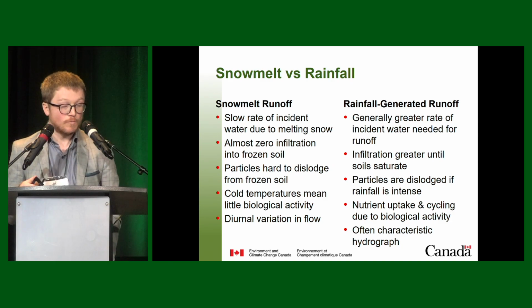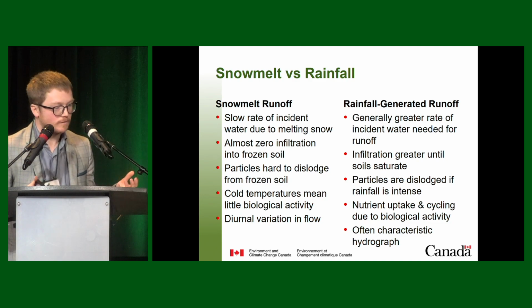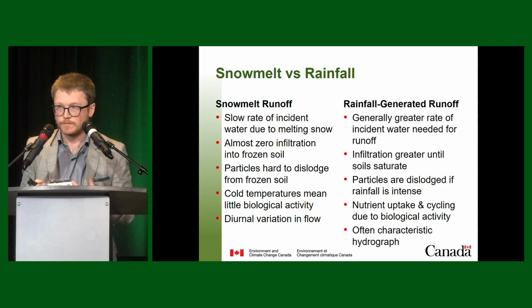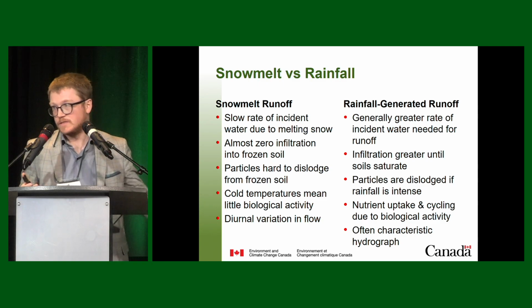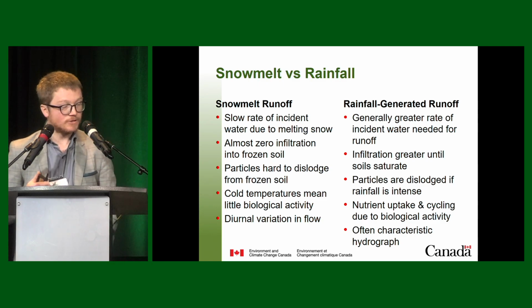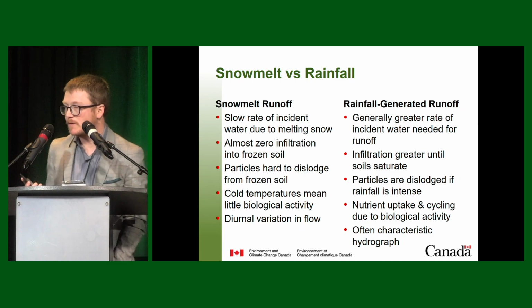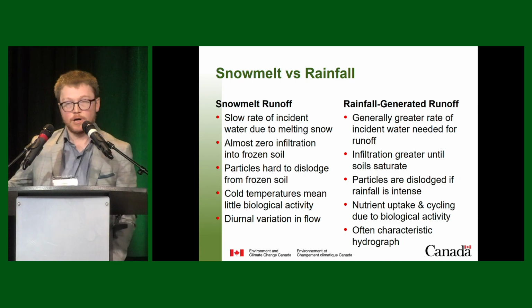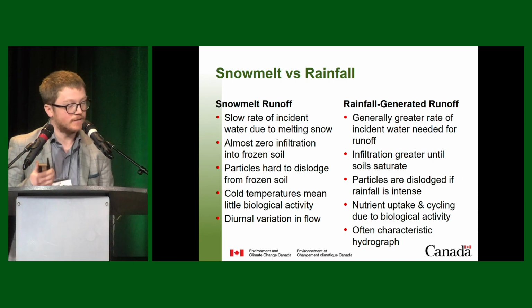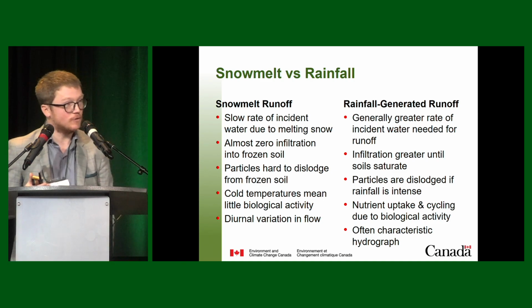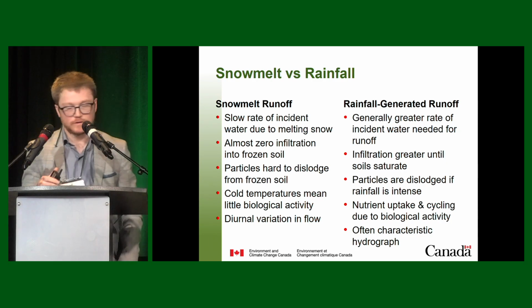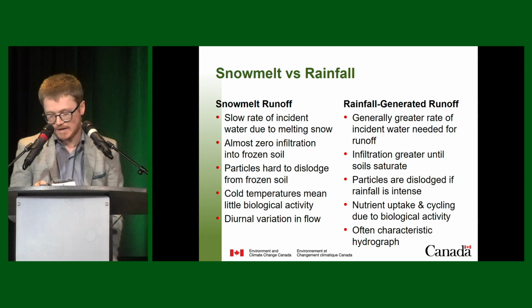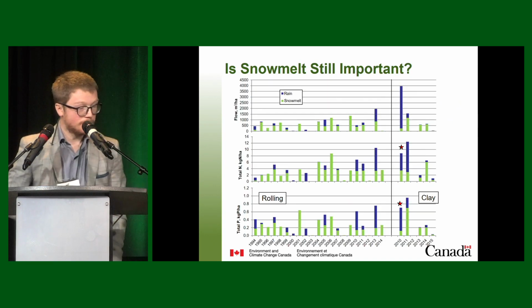Under snowmelt, we see that the particles themselves are difficult to dislodge from the frozen soil versus in rainfall, the particles may be dislodged with intense rainfall. Under cold temperatures, we see limited biological activity in contrast to actively cycling nutrients and uptake due to biological activity in rainfall runoff, and diurnal variation in flow for snowmelt versus a typical hydrograph for rainfall.